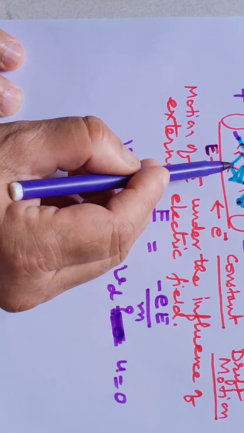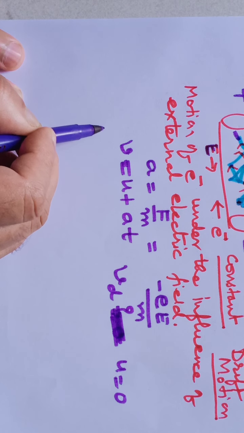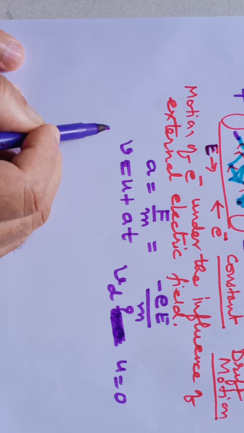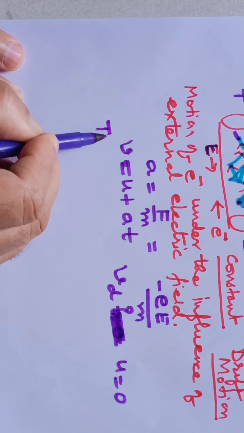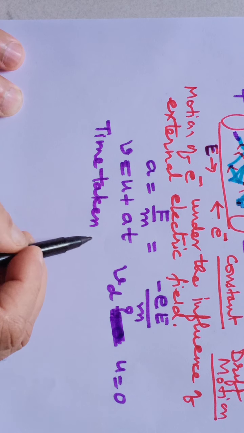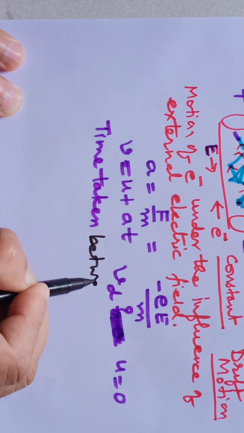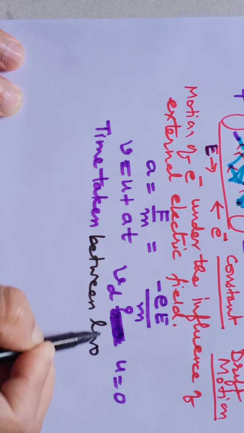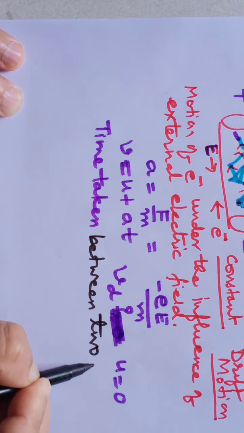Let the time taken between two collisions be tau. These are the collisions. We are showing here zigzag path. So suppose the electron is here. Here is some positive charge or another electron.